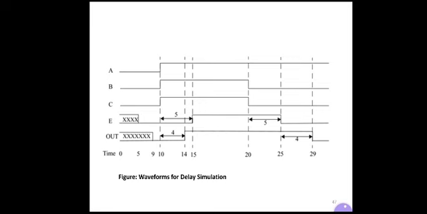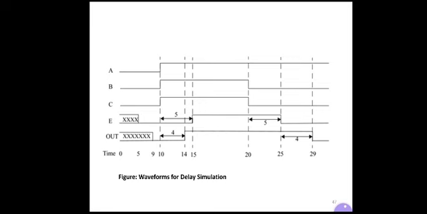Then A and B, the values changed at the 10th time unit. So A is 1, B is 1 at 10 time units. From the 10 time unit onwards, you have to count 4 time units, that is 10 plus 4 is 14. Sorry, 5 time units, because the output of the AND gate changes after every 5 time units if the input is changed.